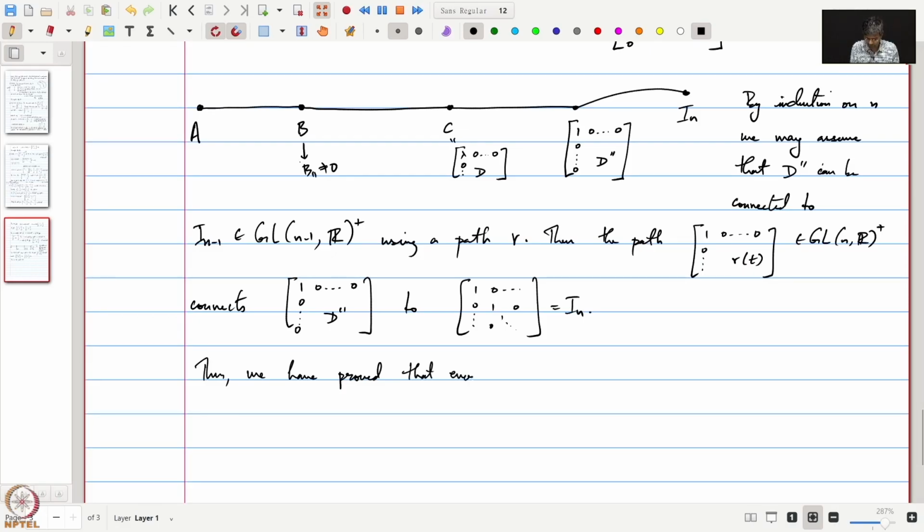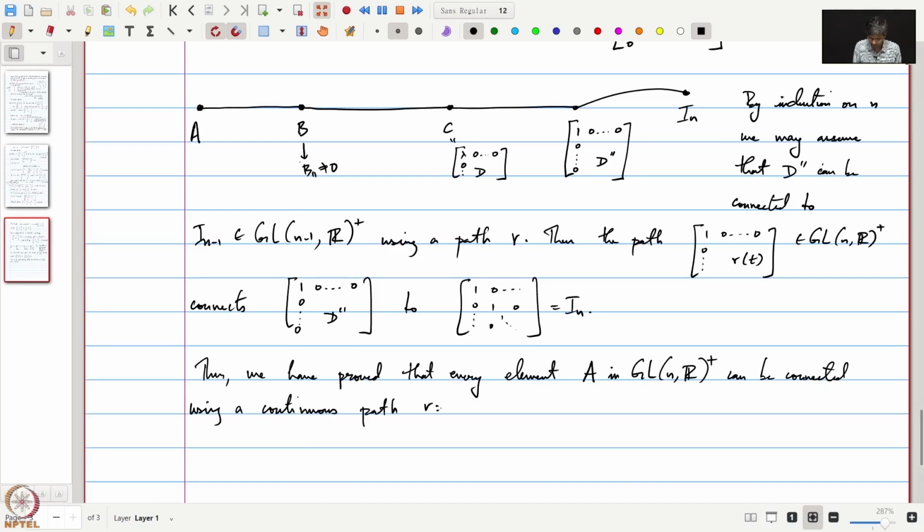Every element A in GL n R plus can be connected using a continuous path gamma from 0 1 to GL n R plus to the identity.